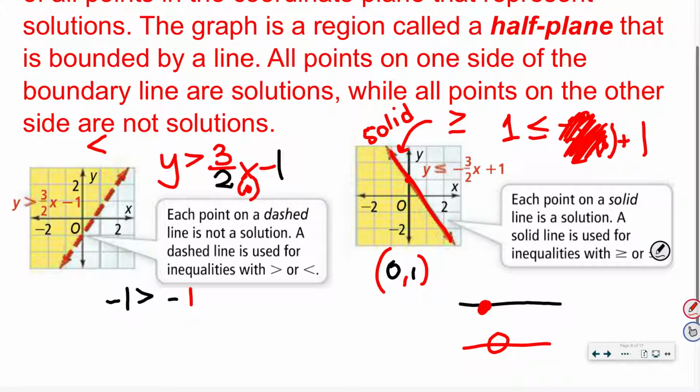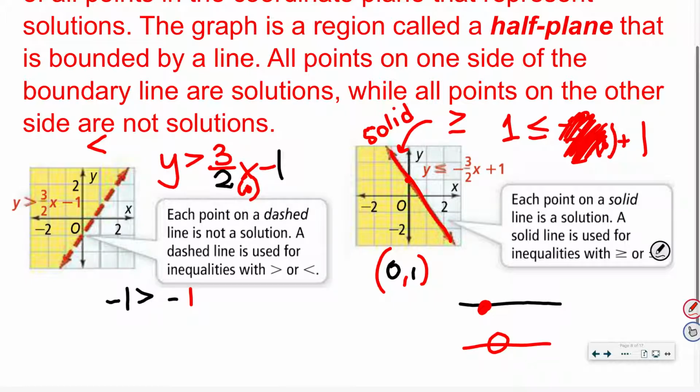So for you to remember it, if equal, less than or equal to, greater than or equal to, that's that solid line because those points are part of the solution. If it's just less than or greater than, it would be represented by a dashed line because that line itself is not part of the solution, it's just our border. Okay. That's one of the biggest differences between an equation and an inequality when we graph it.